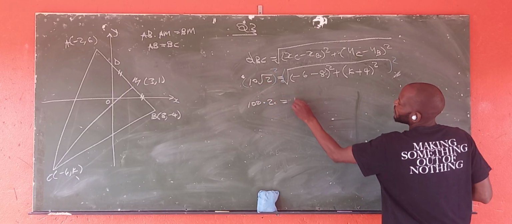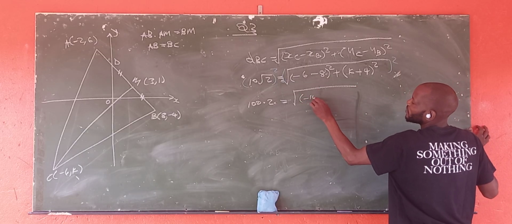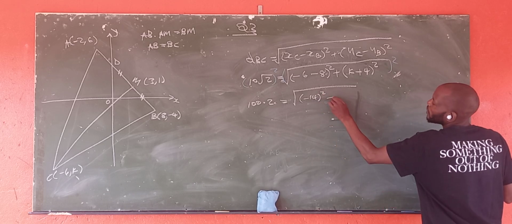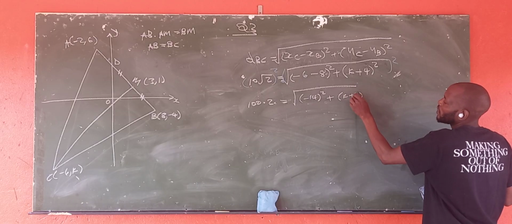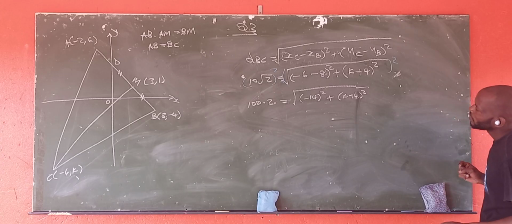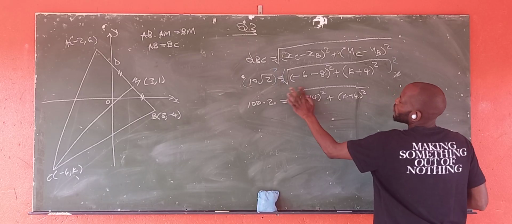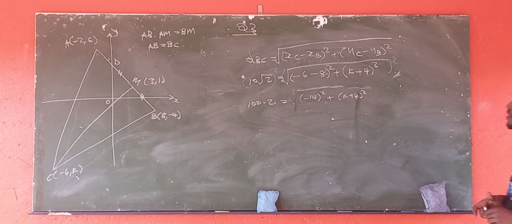And on this side we have negative 14 all squared plus k plus 4 all squared. Now we are squaring both sides, so the square root is eliminated. We are going somewhere.